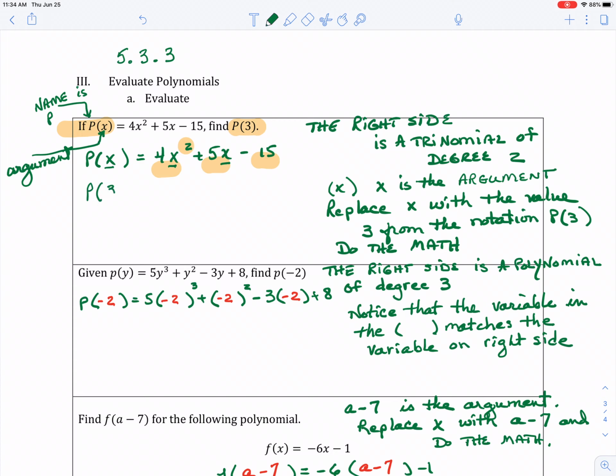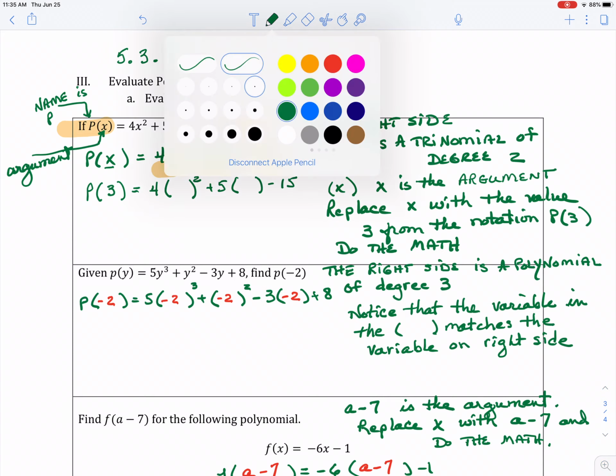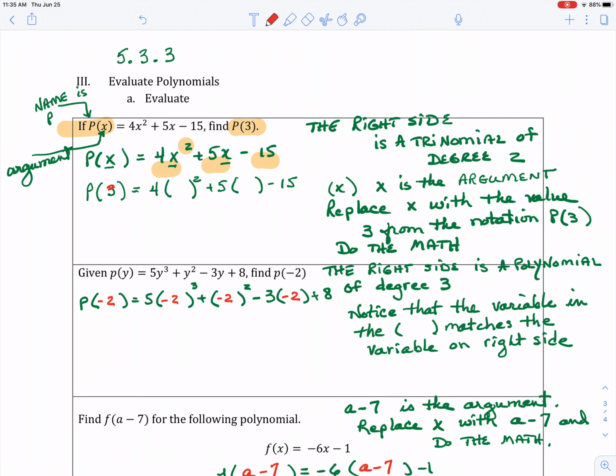Instead of p of x, I'll write p of 3. And I'll come over here onto the right-hand side and do the replacement. Let me change that color there. So the argument 3 goes into the right side, replacing the letter, the variable.